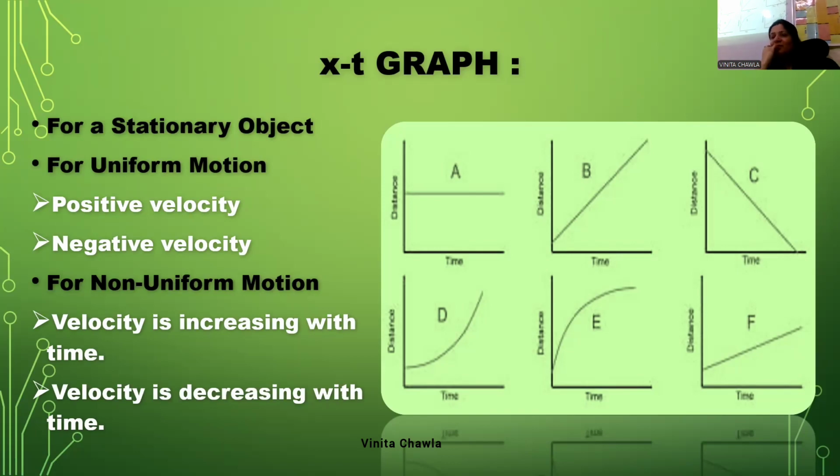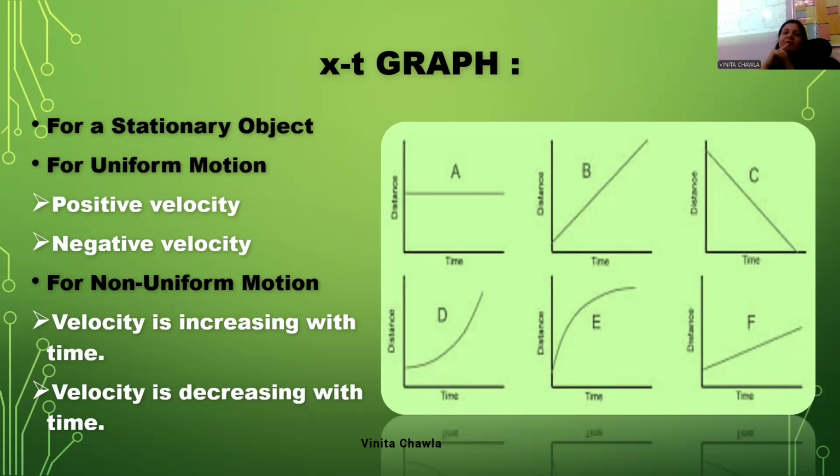Now, tell me the difference between graph B and graph F. Initially the object is at some distance from the origin in both B and F. What is the difference between B and F? One graph is more inclined than the other. In which graph do we have a greater angle theta? Which has greater slope?